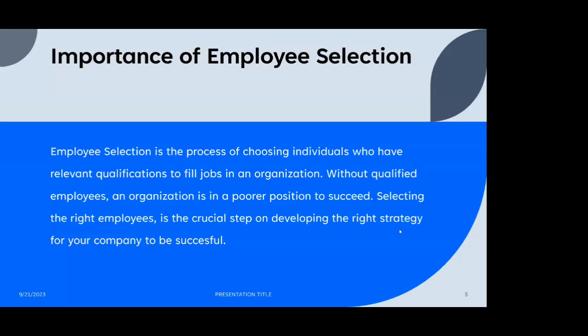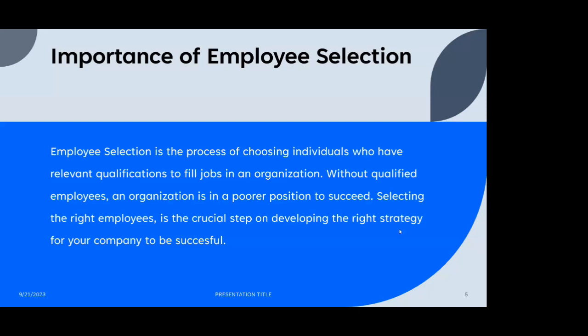As I have also said in my previous presentation, it is very crucial, and the first step towards success is finding the best employees that will work for you. So, building your team.